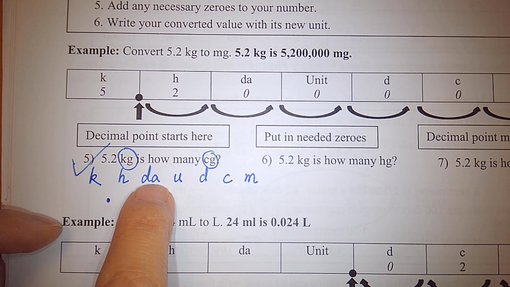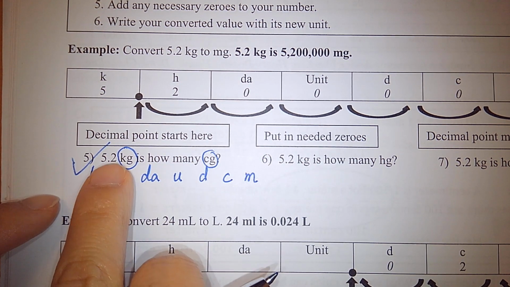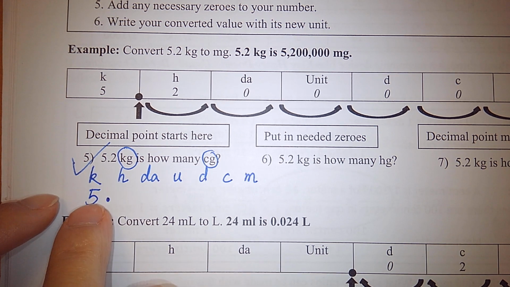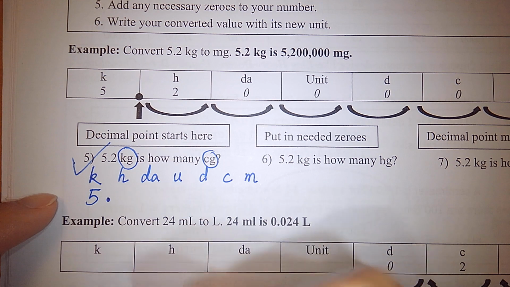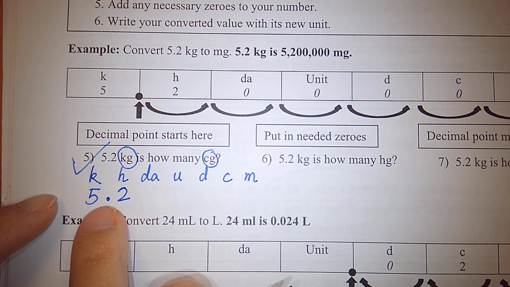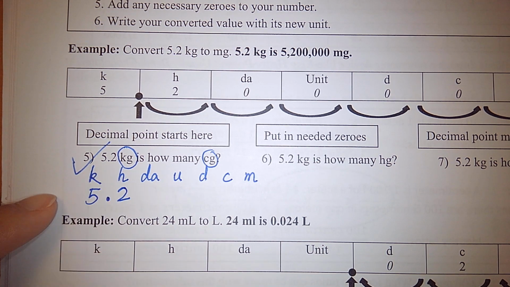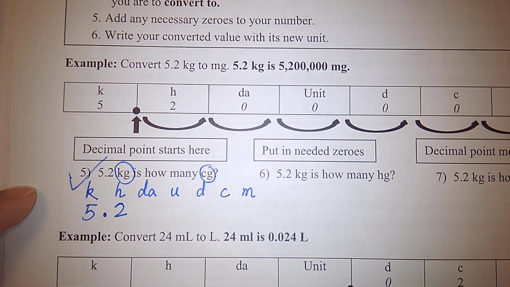K. And if 5 is to the left of the decimal point, under which prefix should we put 2? H. So 5.2 kilogram. This is the third step, fill in the numbers.